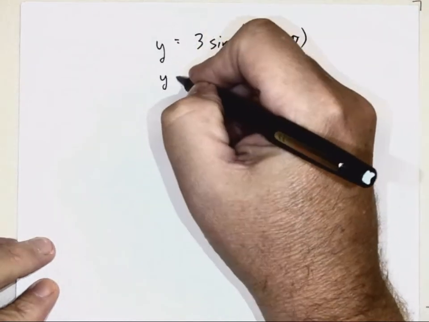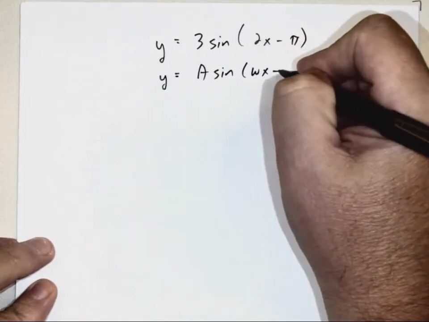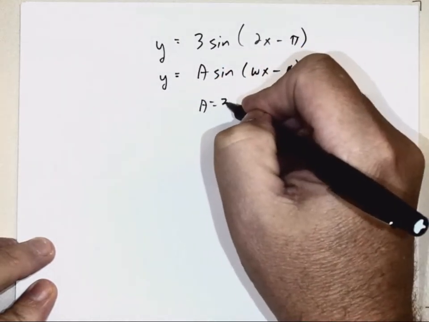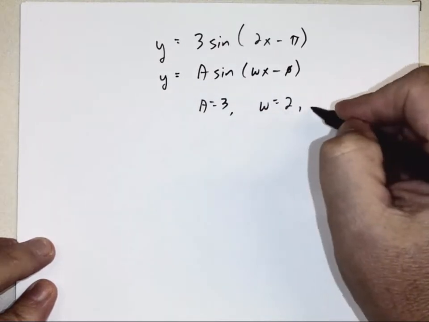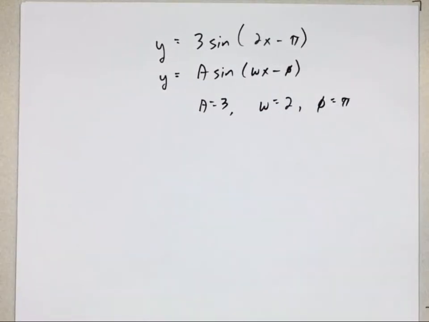So my general equation is A sine of omega x minus psi. So I can say A is 3, omega is 2, and psi is pi.